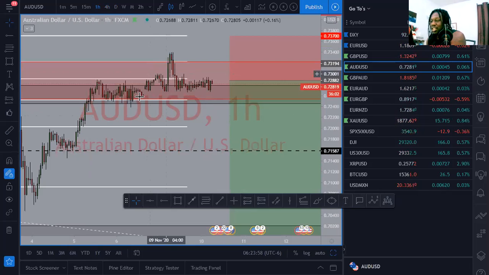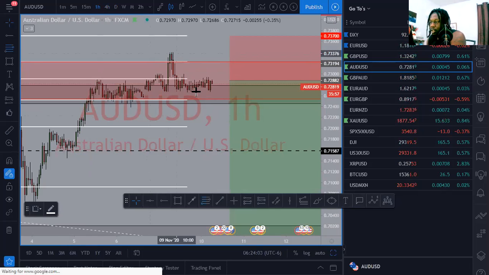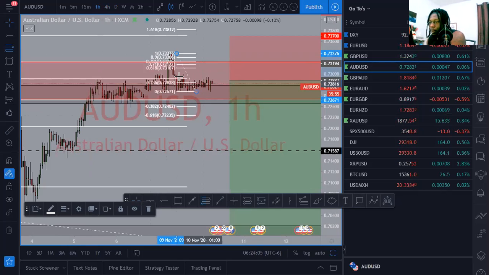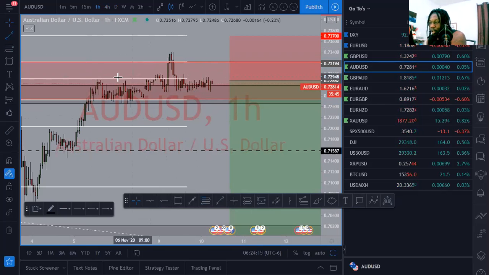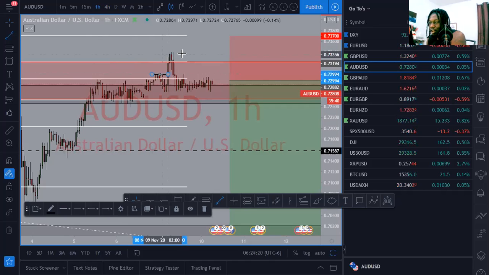This looks like it's even a head and shoulders. I was going to say that I would want to see this type of retracement for it to come back all the way up here, but it looks like this is a head and shoulders. So not necessarily looking for that. Let me show you guys what I mean. You can see this little left shoulder, the head, the right shoulder.